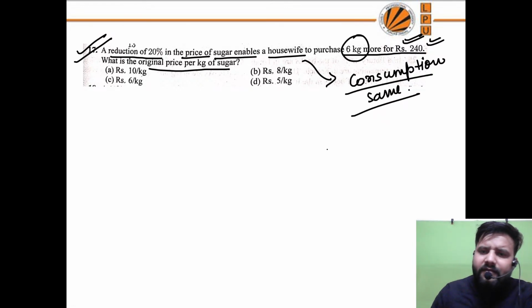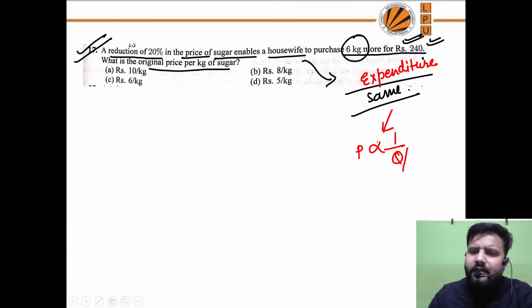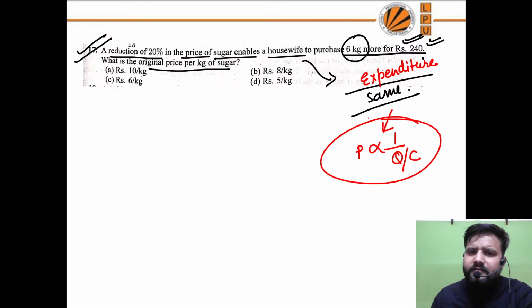I told you a method: when expenditure is the same, price is inversely proportional to quantity or consumption. Getting it?